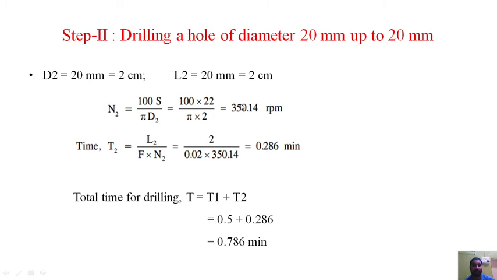So RPM will be 350.14. L2, the length of the hole, is 2. F is 0.02 and the RPM is 350.14. You substitute this and you will get 0.286 minutes for the second operation. So the total time will be the time for the first operation plus the time for the second operation. So 0.5 plus 0.286 is 0.786 minutes.